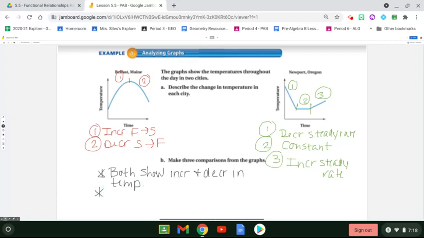We can say Belfast is warmer at the end of the day. And you can see that just by looking at the tail end of it compared to the start.